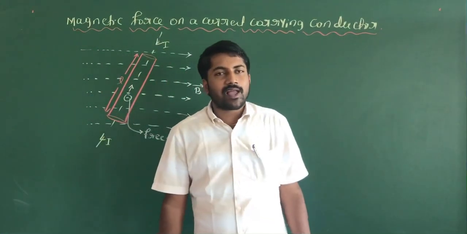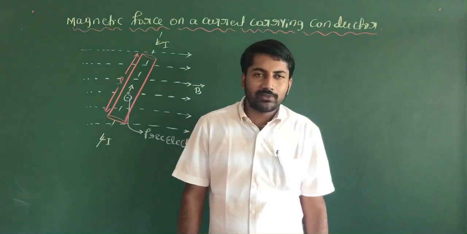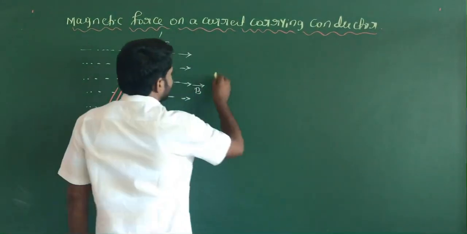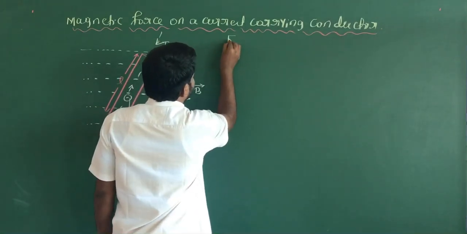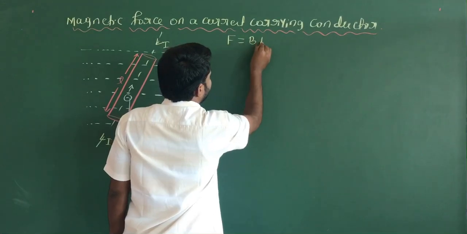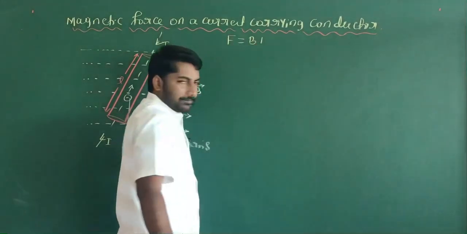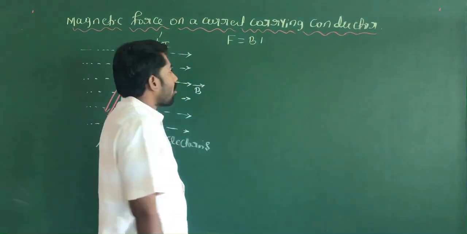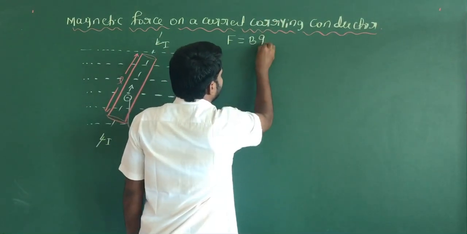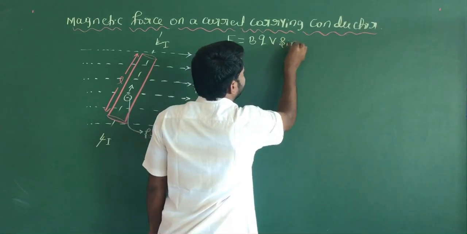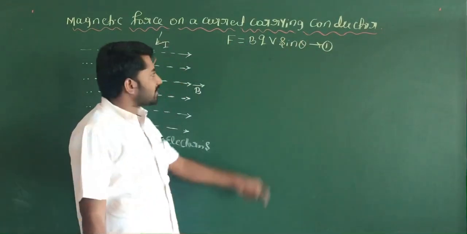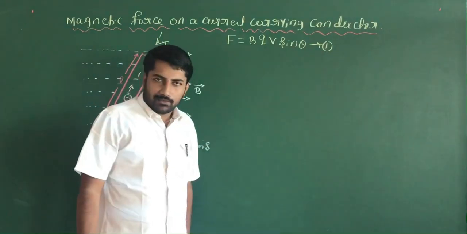In the last class I already discussed the magnetic force equation. We know that the magnetic force equation is F is equal to BQV sin theta, which is the expression for magnetic force.